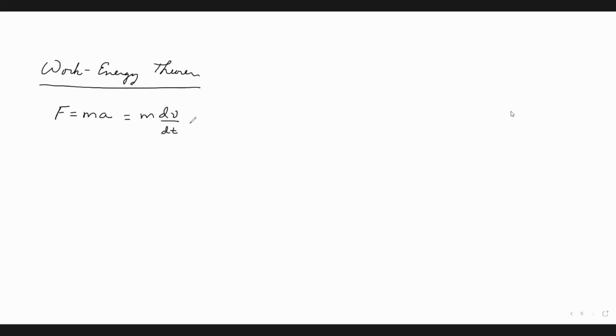Everybody's okay with that, right? I could also write d squared x dt squared, but that's not what I want to write now, because I want velocity to be part of this. I'm going to write this in still another way.